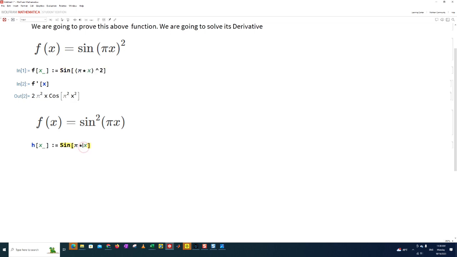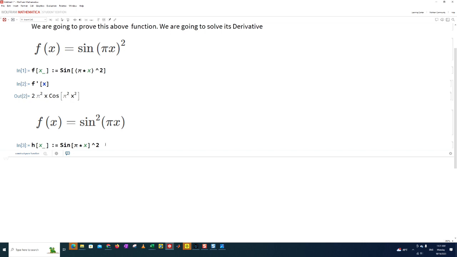But this time I'm going to use square brackets around the whole sine. So this is going to be sine squared. That's the same thing as this one right here. This is how you write it down. All right, then I'm going to press shift and enter to enter the function.